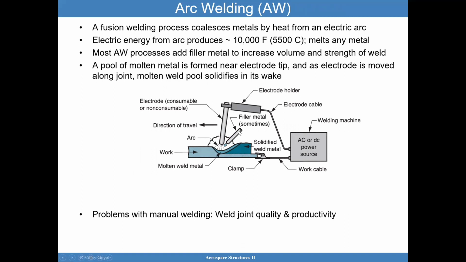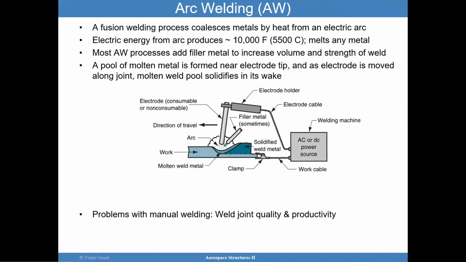And then you have the feeder material that could be included. And then here you have the material to be worked. And then here you have a clamp that keeps everything together. And here is the solidified weld metal that occurred from the welding process. And here, in this curved area right here, you can see the molten weld metal.